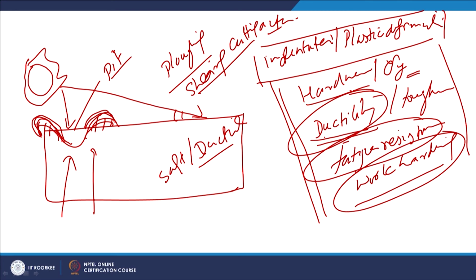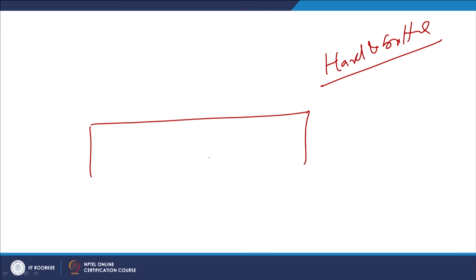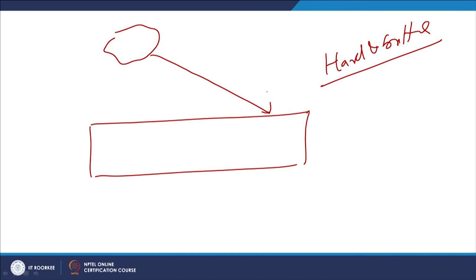On the other hand, if we take an example of a hard and brittle material, with impingement of sharp particles having sharp edges and corners at a low angle, since the substrate is hard and brittle, it will not allow the indentation to happen easily, and that is why the abrasion and scratching will be very less.